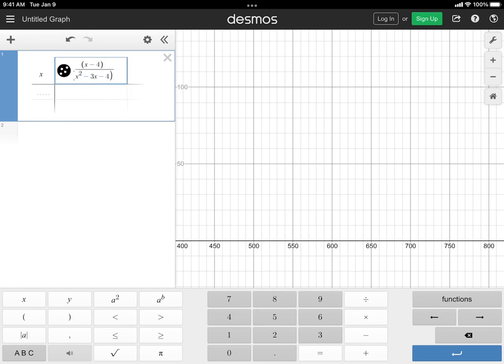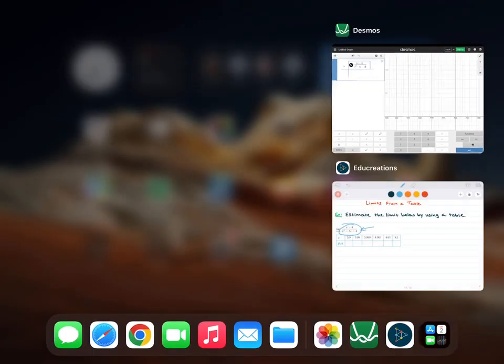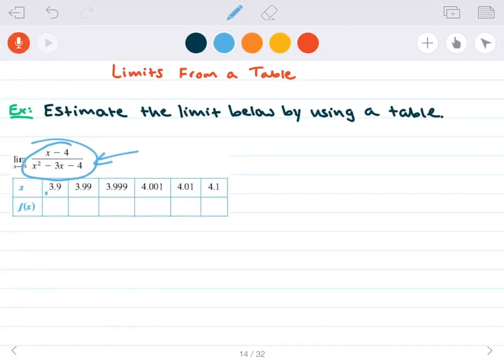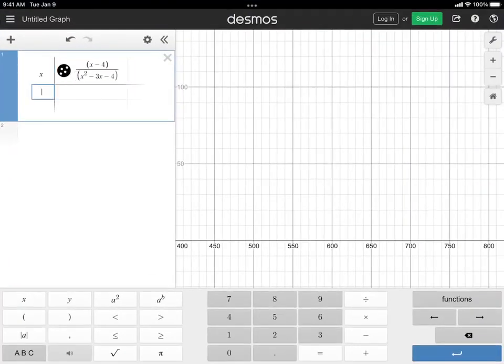Alright, so there's my function. And now let's go back. I want to evaluate the function at each of these x values to see what's happening when x gets really close to 4. So I'm going to input all of these x values into my table under x, of course.